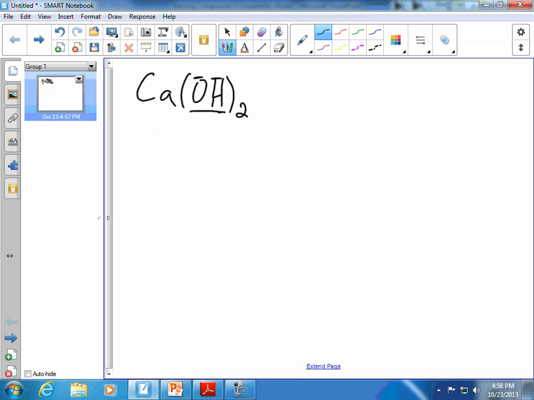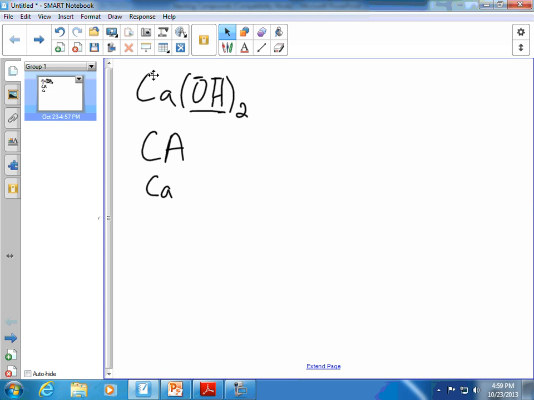You would never see calcium as capital C, capital A. It is always capital C, little a. Those are two of the major rules when you're trying to figure out if you have a polyatomic ion in play. There are a couple other rules there, so consult that table as you're working through your assignments.